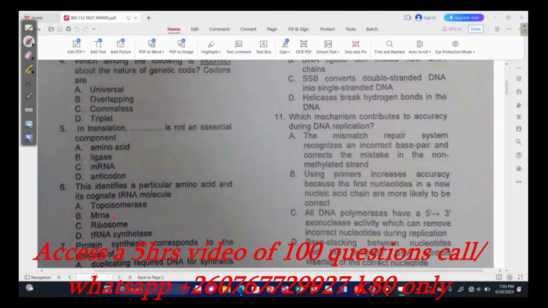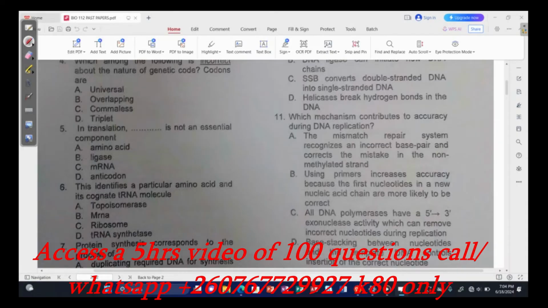This I think was supposed to be messenger RNA. So messenger RNA does not identify an amino acid. Just know that what picks an amino acid is transfer RNA. Ribosomes also cannot identify an amino acid and a particular tRNA to be picked.